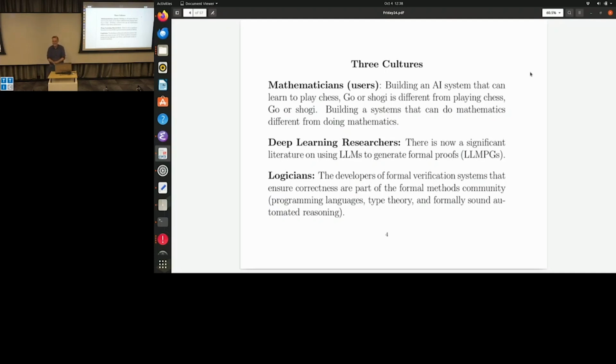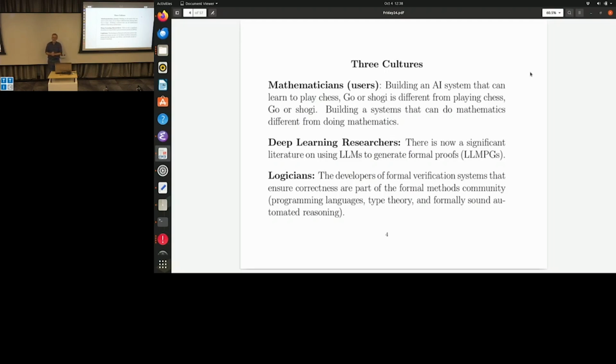But these days, the logicians and the mathematicians can't really talk to each other. And then there are the deep learning researchers that are all about transformers and all kinds of issues that arise in deep learning, and again, those are sort of oil and water with the mathematicians. And then there are the logicians. This is probably the smallest group these days because logic is in the doghouse. Logic was the keystone of AI 40 years ago.